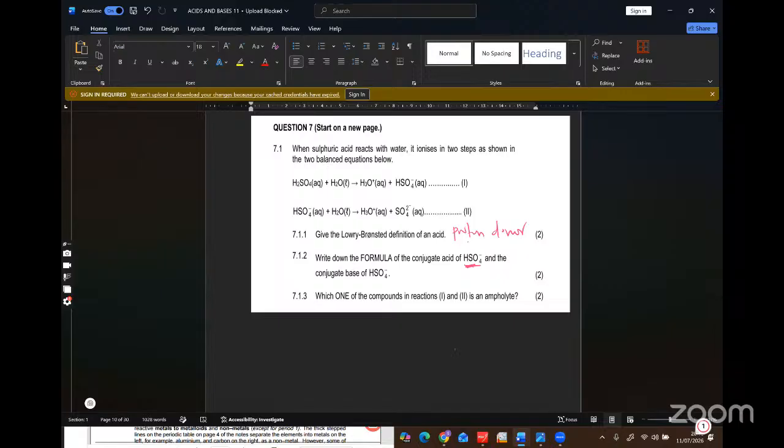Then we look for the conjugate acid. So you come back here and look for this one. Which one is giving you that? So that is the water.